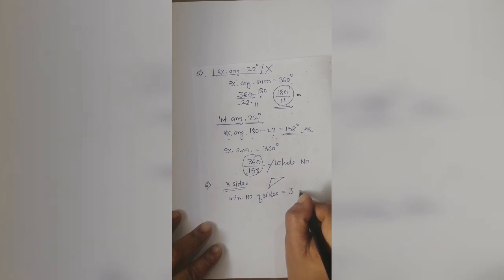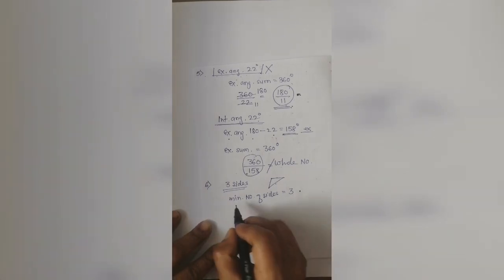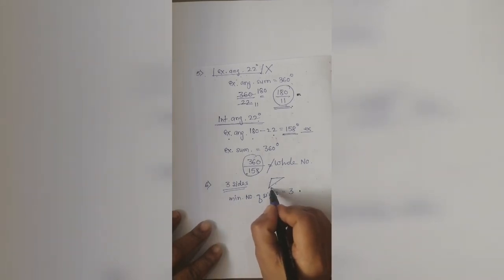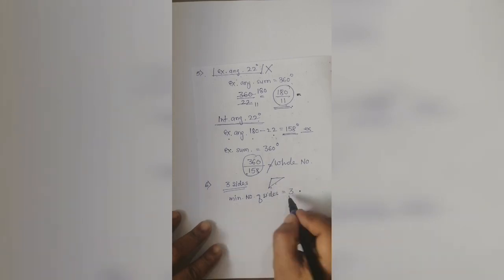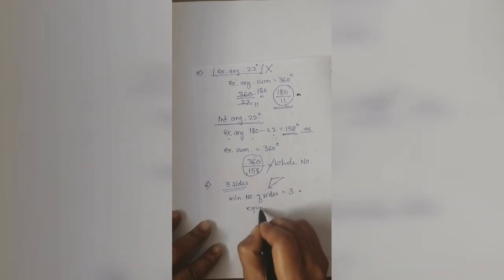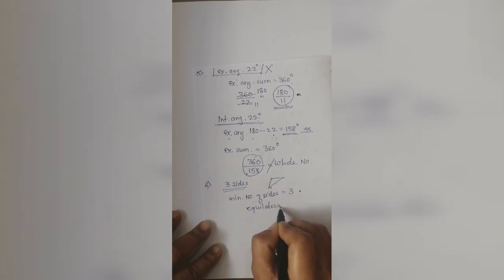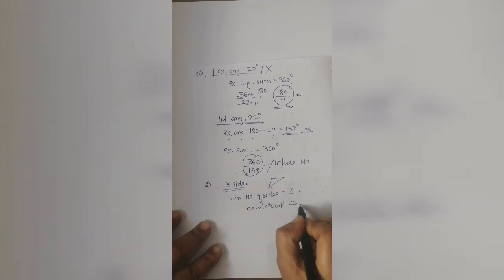If the minimum number of sides is 3 and it is a regular polygon, then it is an equilateral triangle. In an equilateral triangle all the angles are equal.